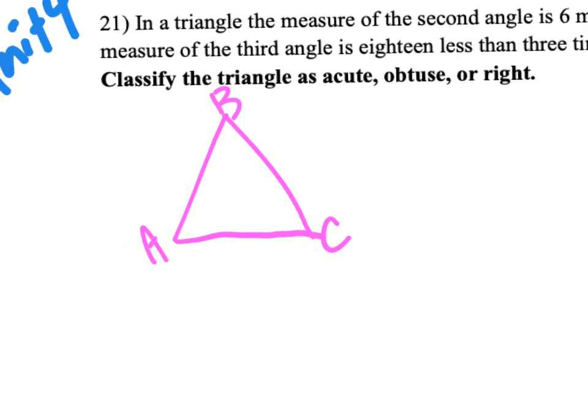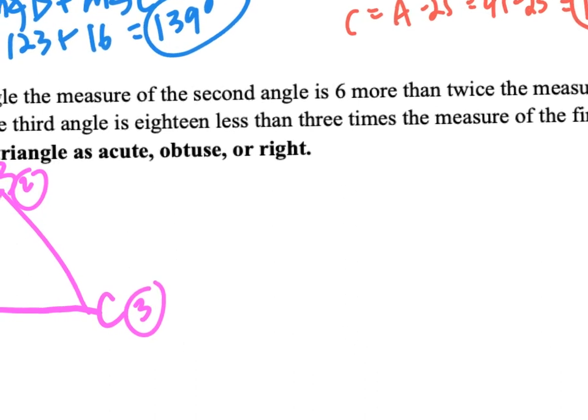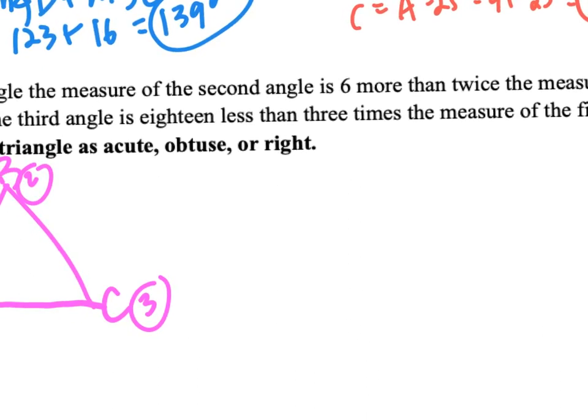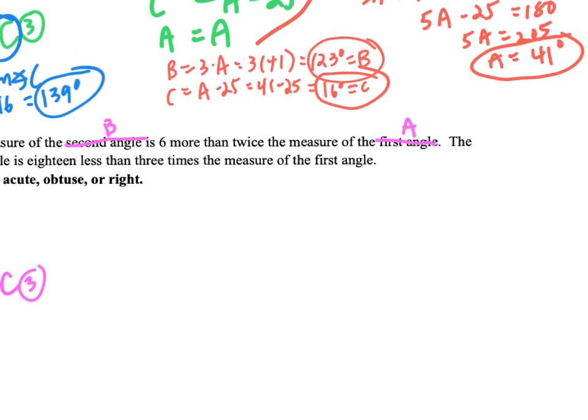All right, I'm going to say that angle A is going to be my first angle, second angle, third angle. Okay? So in a triangle, the measure of the second angle, scratch that, I'm going to say this is angle B, is 6 more than twice the measure of the first angle, scratch that, going to call that angle A. Okay?